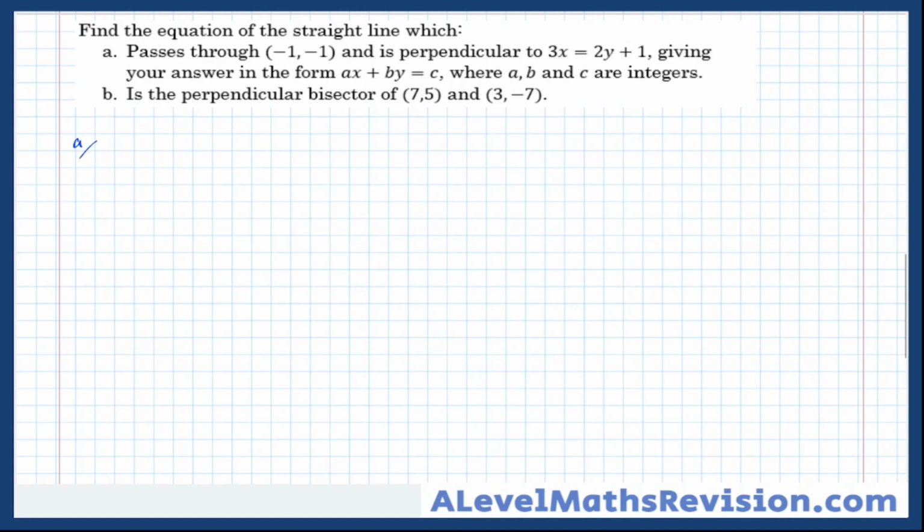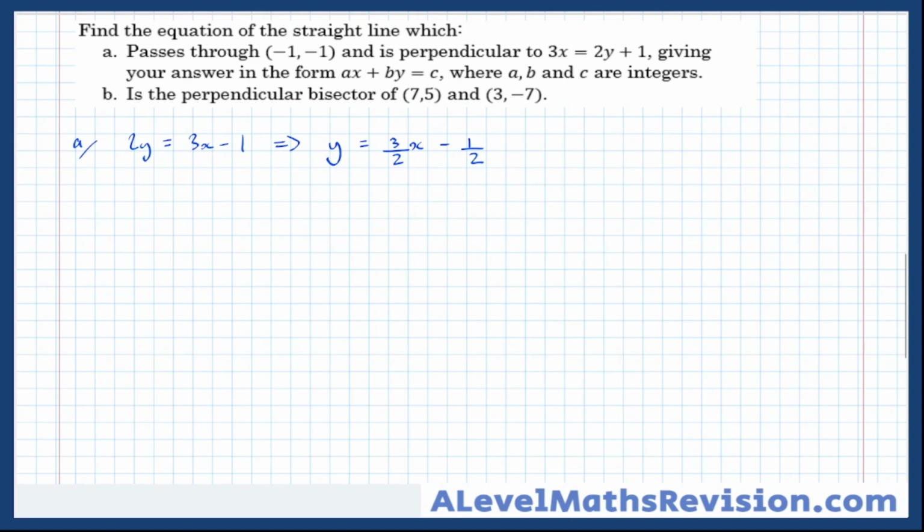So part A, and let's try and rearrange that now into the form y equals mx plus c. We've got 2y equals 3x minus 1 by rearranging that. Then dividing both sides by 2, we get y equals 3 over 2 x minus 1/2. So there's the equation in the form y equals mx plus c, and that has gradient 3 over 2.